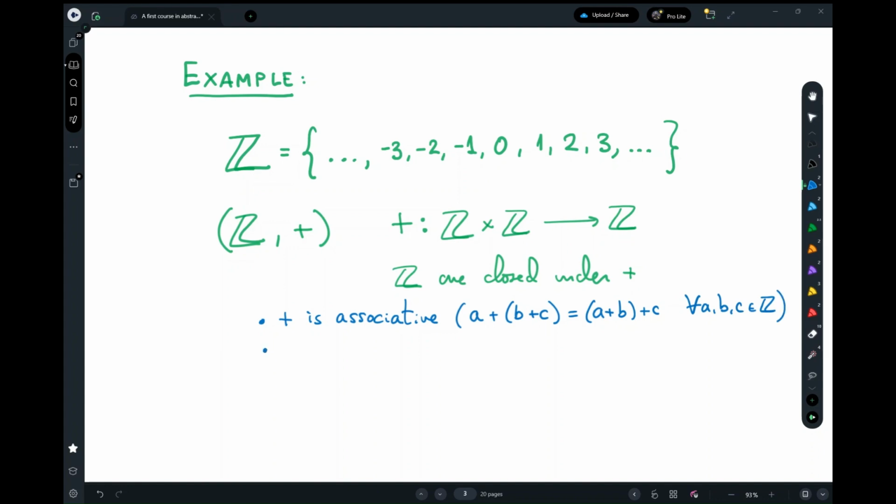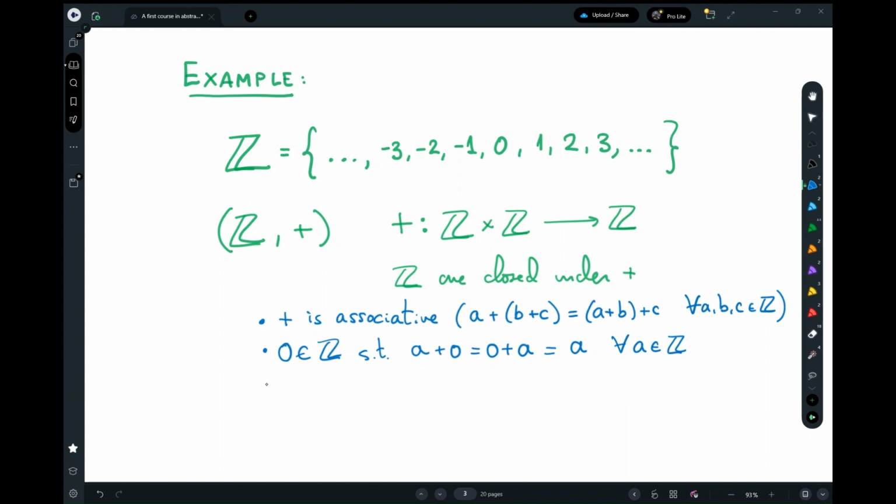The addition also has the following property: there is a zero element. So there is a zero element in Z that is the neutral element with respect to addition. So it's an element such that a + 0 = 0 + a = a for any integer a.